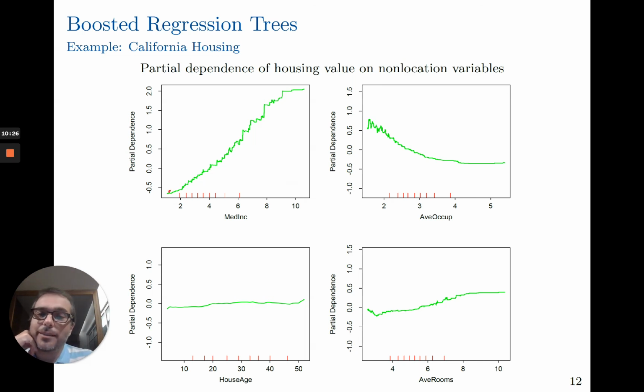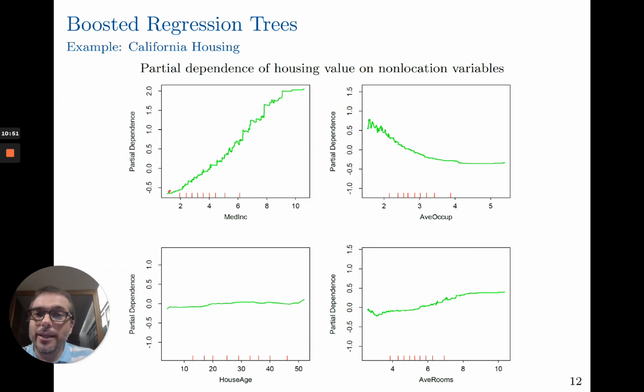It looks like something that increases linearly and then saturates a bit here. That's normal. As we vary the median income, that's the effect on the value of the house.